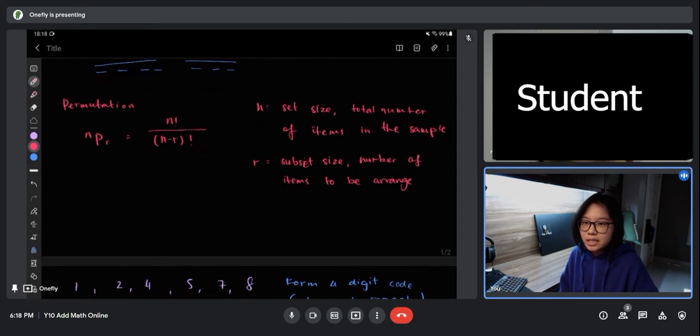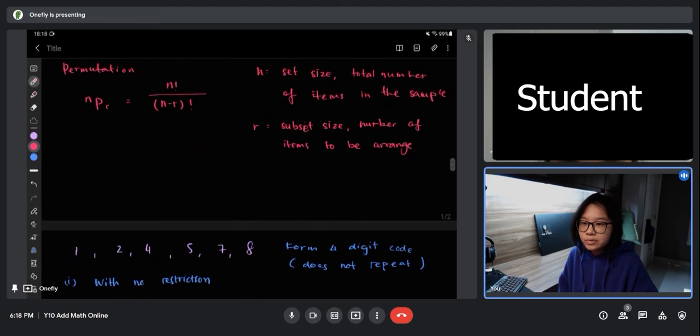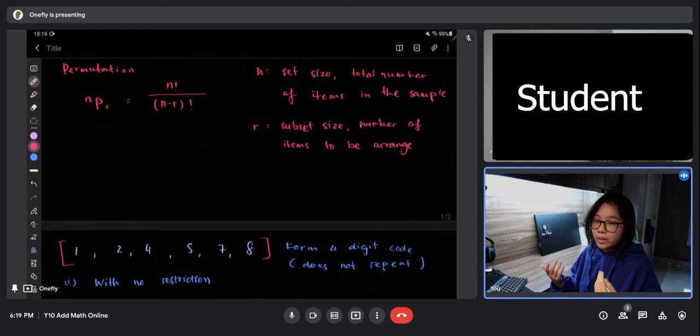In this example, the set size is the 6 digits that we have, everything that we have, and the question is asking for 4, meaning the items we want is only 4.